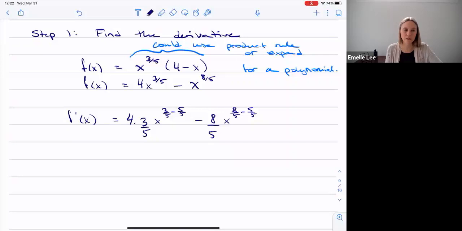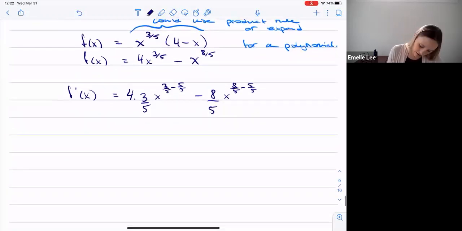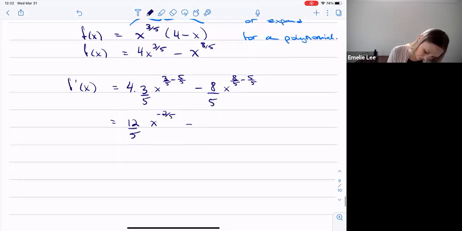So I get 4 times 3 is 12 over 5 times x to the negative 2 over 5, minus 8 over 5 x to the 8 minus 5, which is 3 over 5.